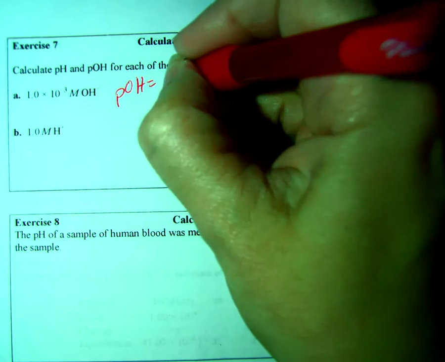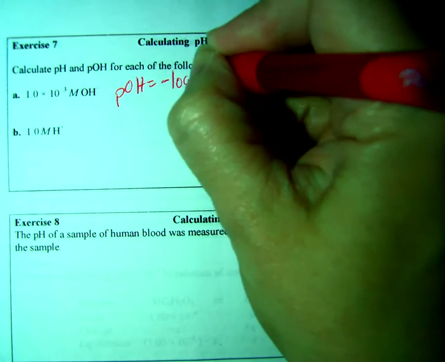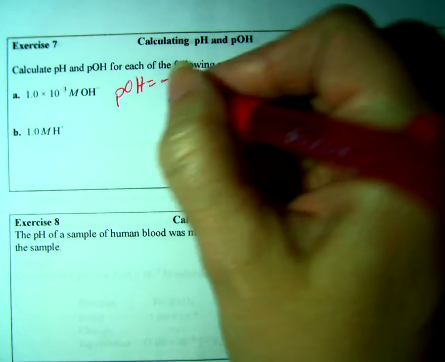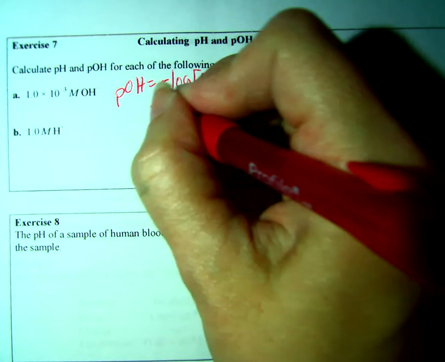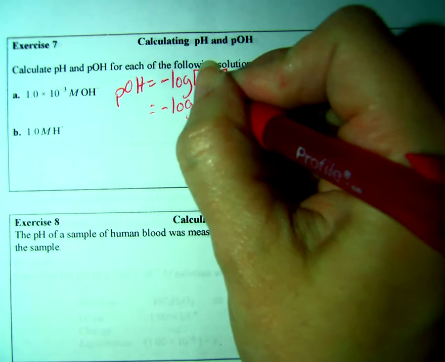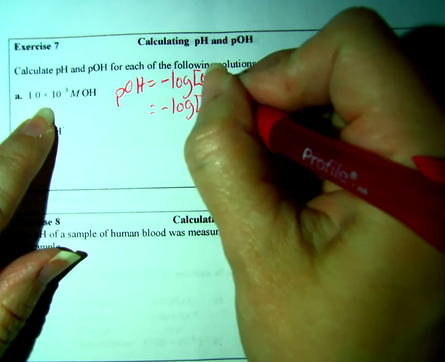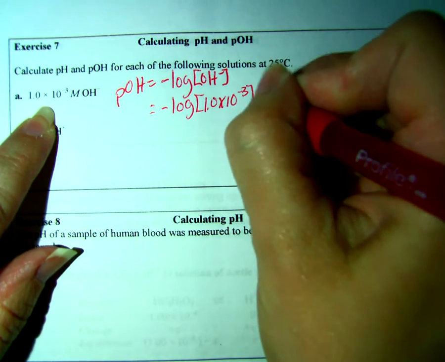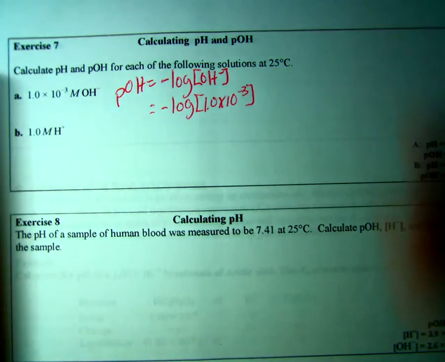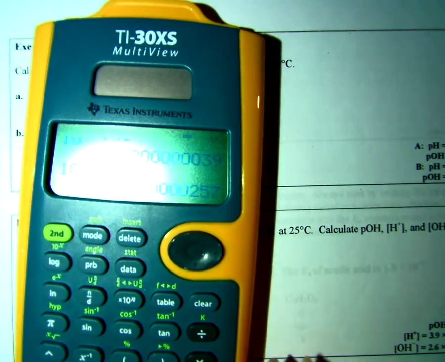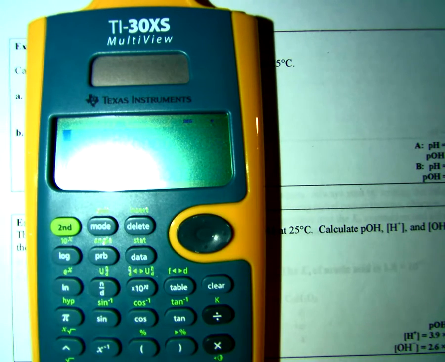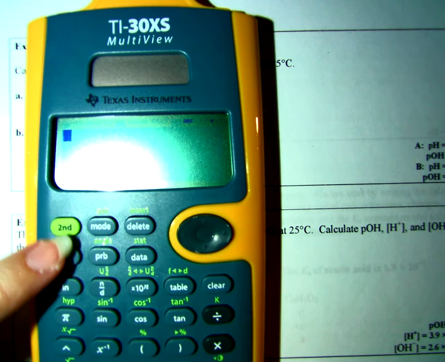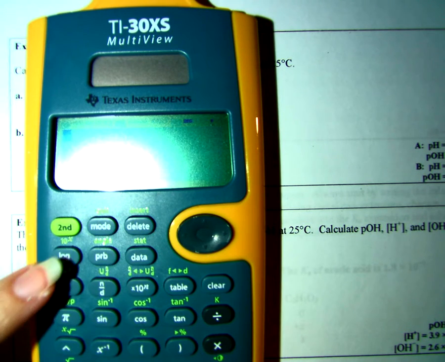The formula for your pOH is negative log of your hydroxide concentration. So that is negative log of this concentration, 1 times 10 to the negative third. This is where you get your calculator, and if you haven't figured out where your log button is, typically you're going to have a button that says second.